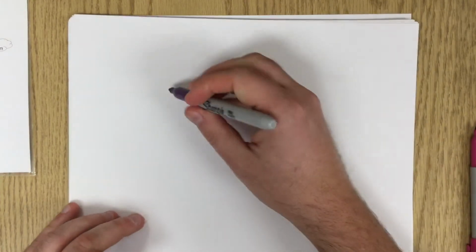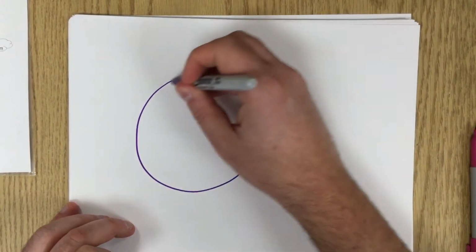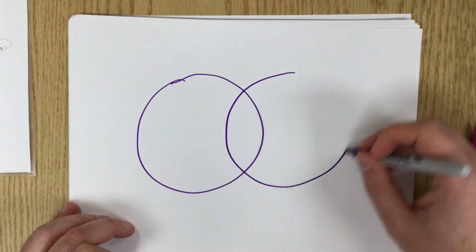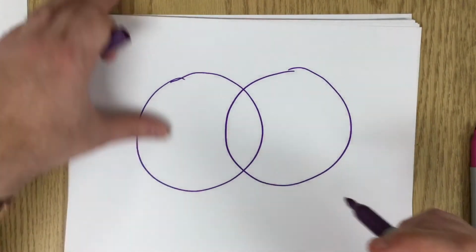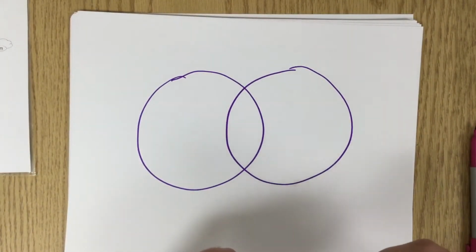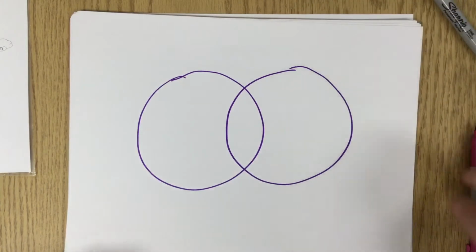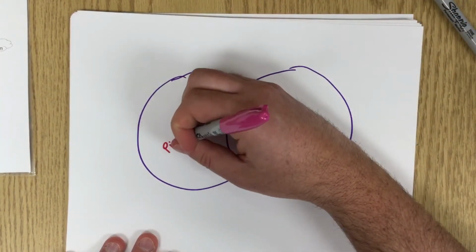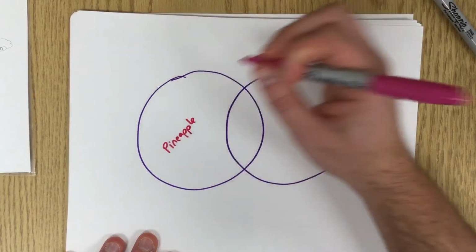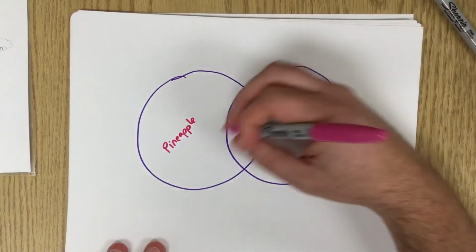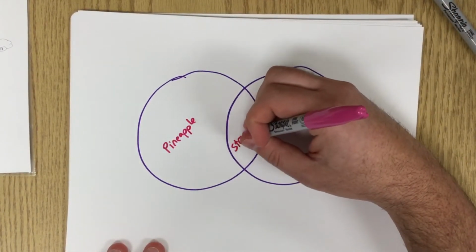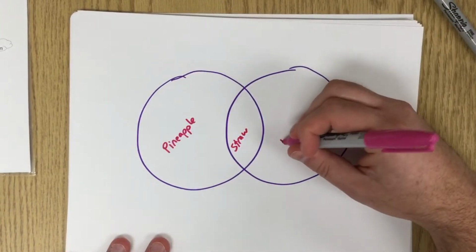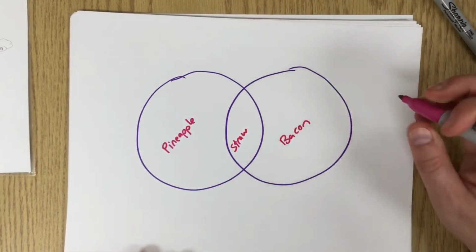Okay, now we're going to have some logical operators. So let's put only one thing in each set. Oh, I want to make this overlap bigger. Whatever. So what did I have here? Here I had the pineapple, strawberry, and bacon, and the liver.